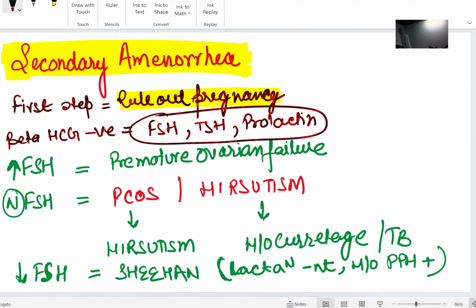The most common cause of secondary amenorrhea is pregnancy. So first rule out pregnancy, and if negative, get FSH, TSH and prolactin done.